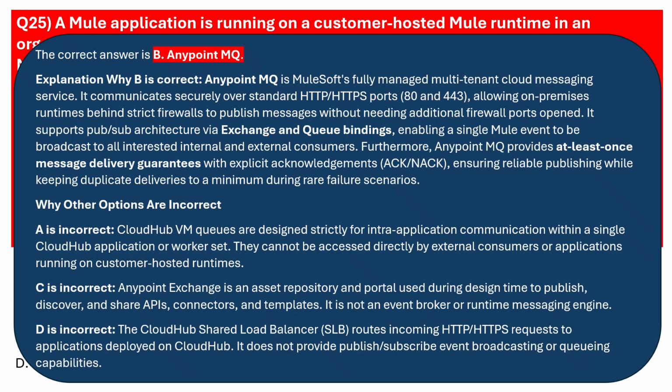Why other options are incorrect? A is incorrect. CloudHub VM queues are designed strictly for intra-application communication within a single CloudHub application or worker set. They cannot be accessed directly by external consumers or applications running on customer-hosted runtimes. C is incorrect.